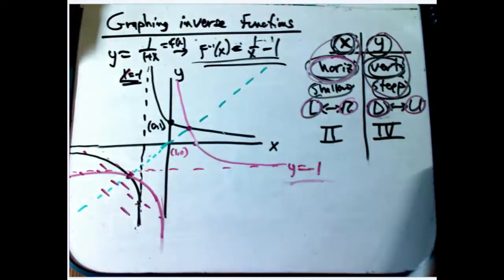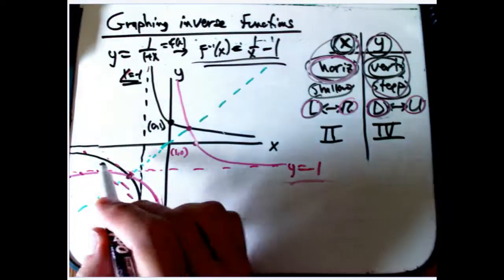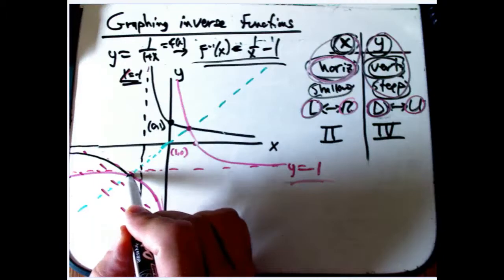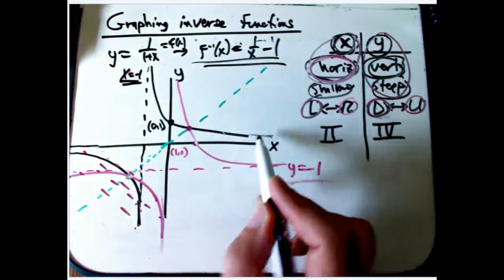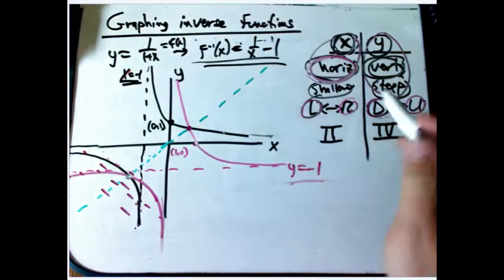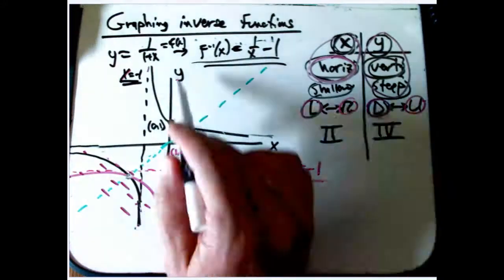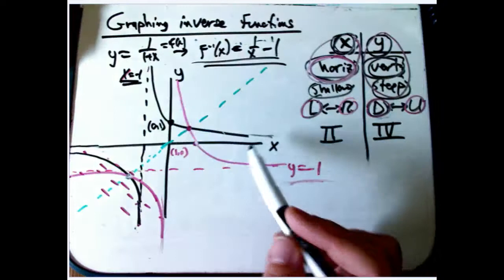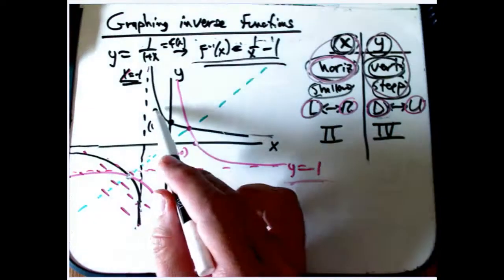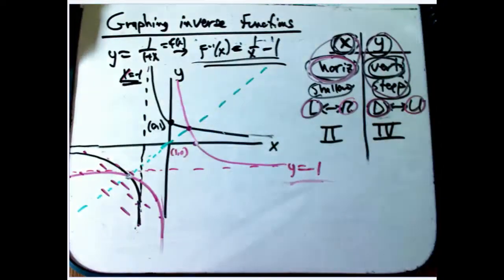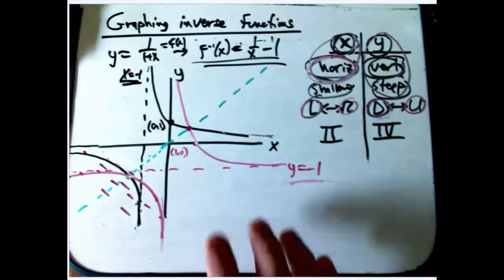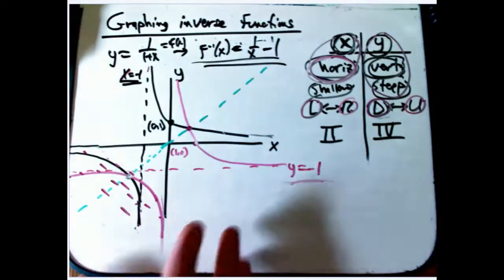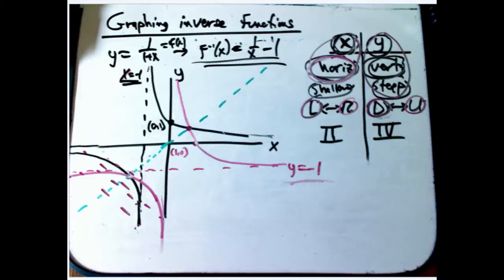But the main thing is this idea of starting with some point that you know what it's doing, or some feature like an asymptote, and tracing along and following these rules and seeing how the pink curve, the inverse curve, is generated out of the black one, the forward function curve, by just flipping all of these words. Alright, and you can apply this to any kind of inverse function, exponentials, logarithms, trig functions, and in other videos I do just that.